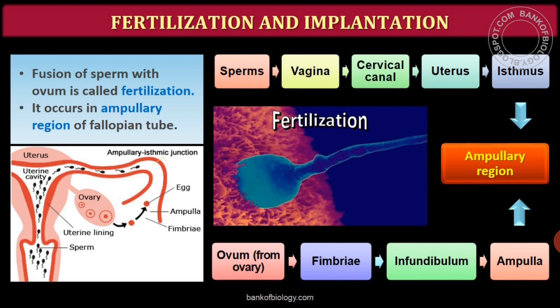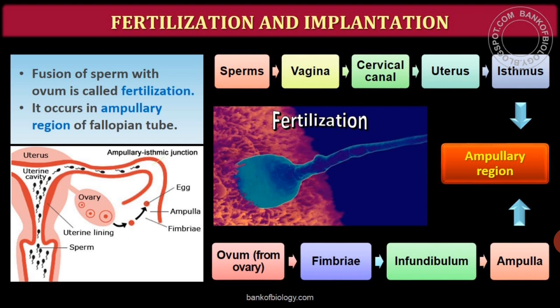Now the sperm has also come to that point, and the egg has also come to that point. It is just like a dating area. The sperm has come, the egg has come. Then what next? Once the sperm as well as the egg reach the isthmus ampulla junction, fertilization occurs there.